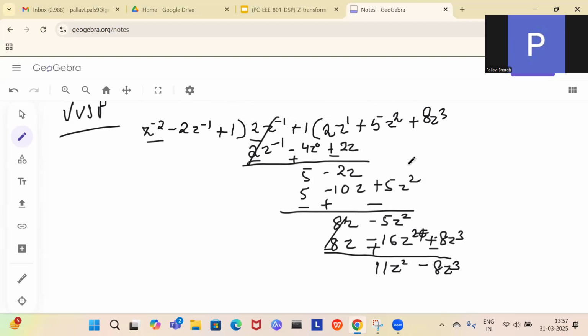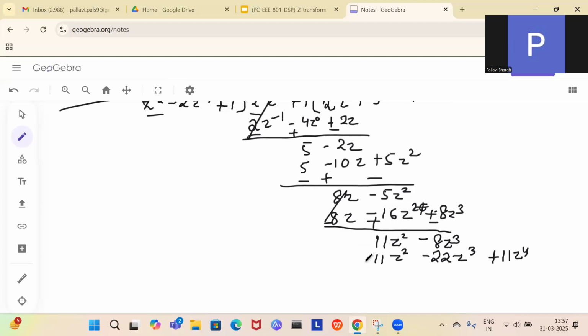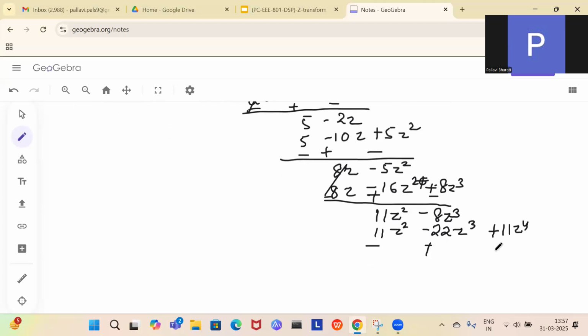So you need to multiply with 11z to the power 4, so that it is equal to 11z square. 11z to the power 4 into z to the power minus 2 will be equal to 11z square. Then 11z to the power 4, this will be minus 22z cube plus 11z 4. Now subtract it. So minus 6z cube minus 11z to the power 4.